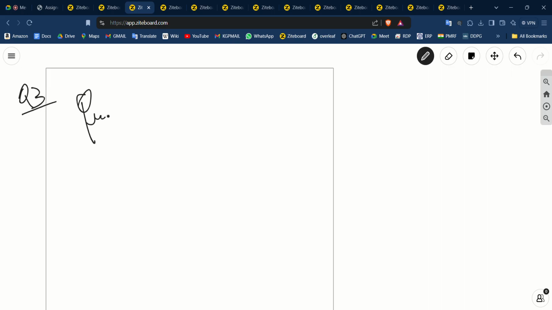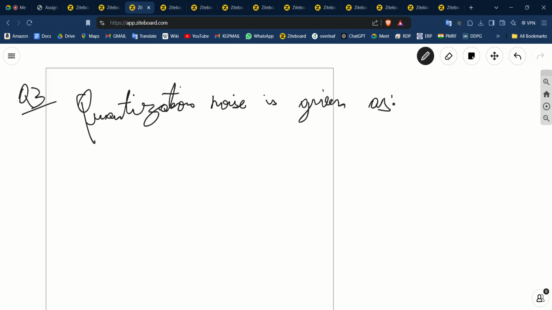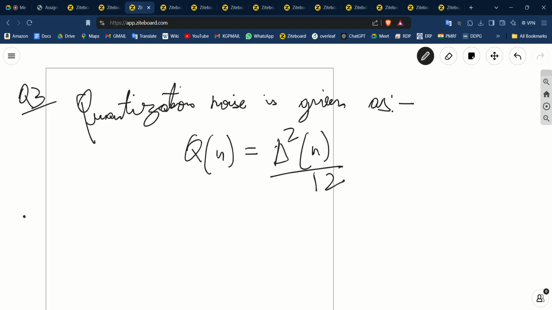Quantization noise is given as follows, where delta n is the quantization error.